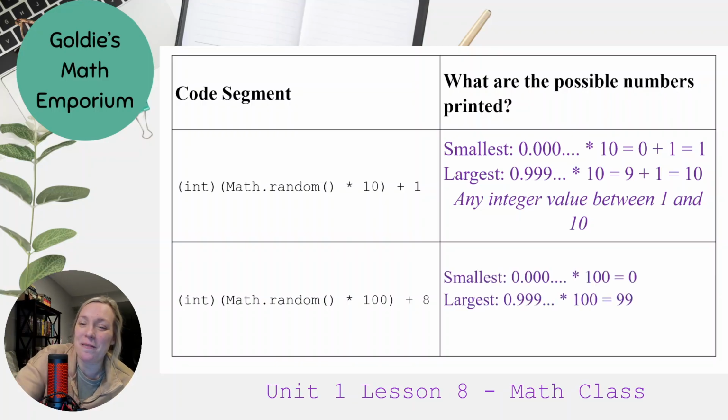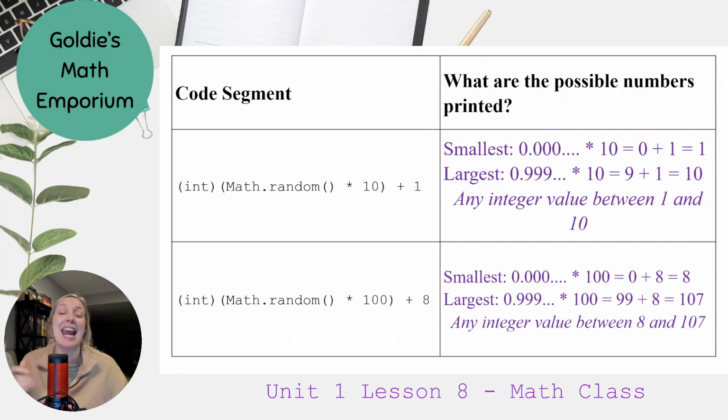Same idea here. I know that this code segment gives me a range from 0 to 99. If I add on 8, the lowest random number is 8 and the highest random number is 107. So any integer value between 8 and 107 is what that code segment gives me.